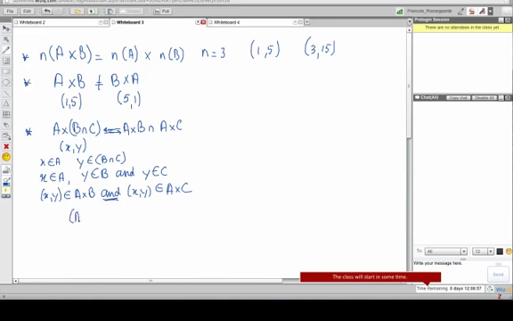You see that A times B intersects with A times C. In a similar fashion you can prove it the other way around, starting with this part and going back to the first one. If you look on page 120, you will find this to prove there as an example.